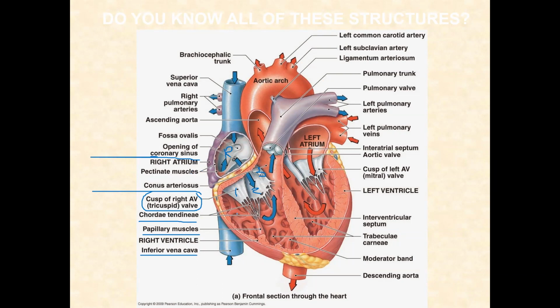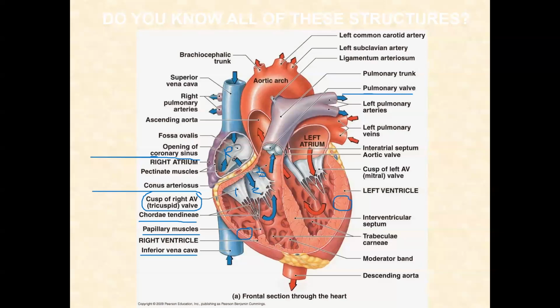Now, you notice that the right ventricle wall is pretty thin in comparison to the left ventricle. This is because the right ventricle is only pumping blood to your lungs, okay? So when the right ventricle contracts, the tricuspid valve closes, and then that blood gets shoved out of the ventricle through what we call the pulmonary valve, or the pulmonary semilunar valve.